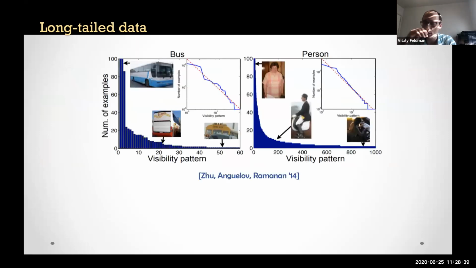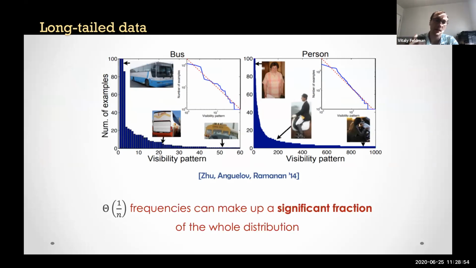And there are some measurements done by practitioners which show that these distributions of frequency tend to follow the classical power law distribution, and most often Zipf's law. And for these distributions, we know that the frequencies on the order of 1/n, which are important, can make up a significant fraction of the whole distribution. So that's the high level. These are important frequencies. They require memorization, and also cause memorization of other things.